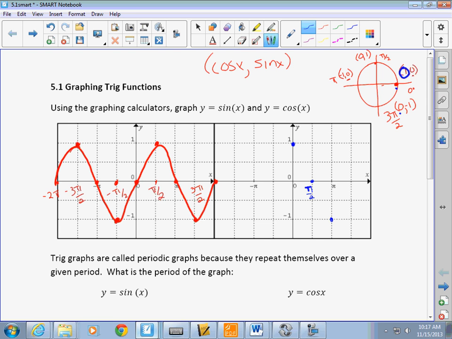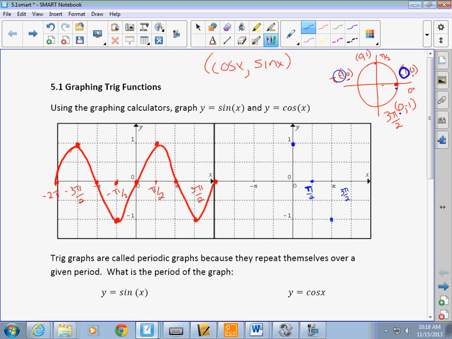At 3 pi over 2, right there. They're still there, but we're just concerned about the cos values. This is just unit circle values.